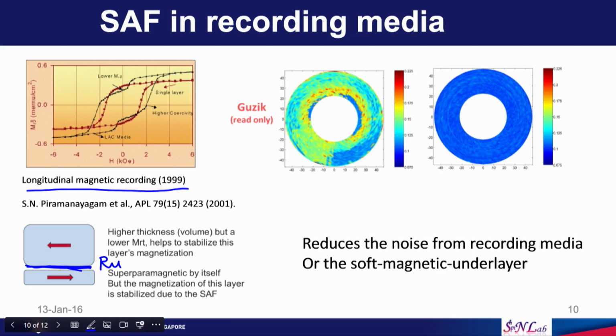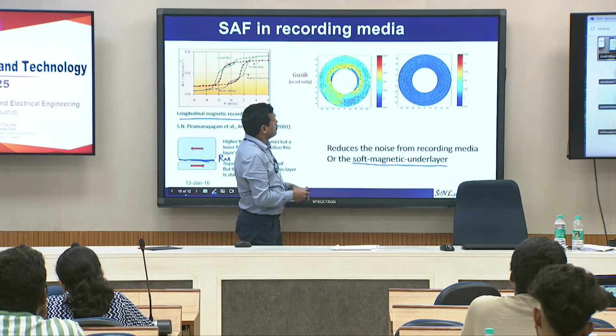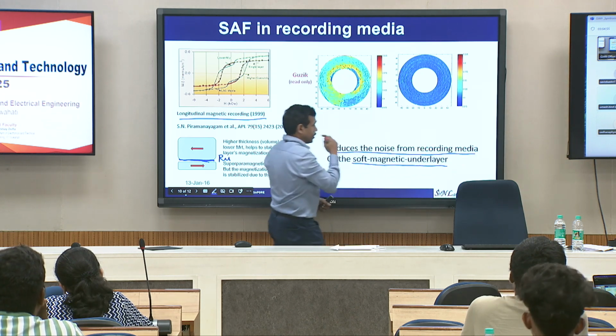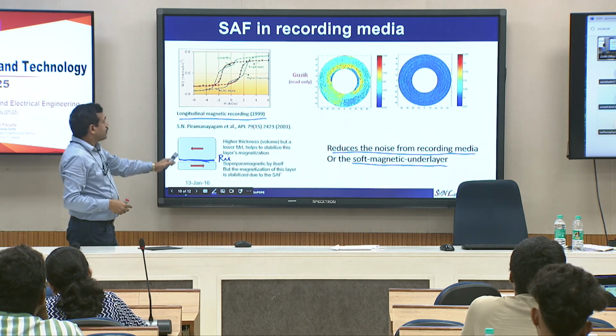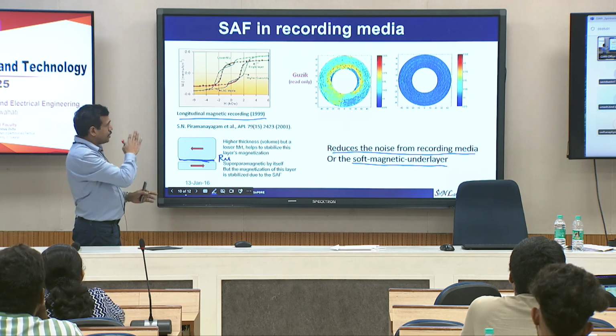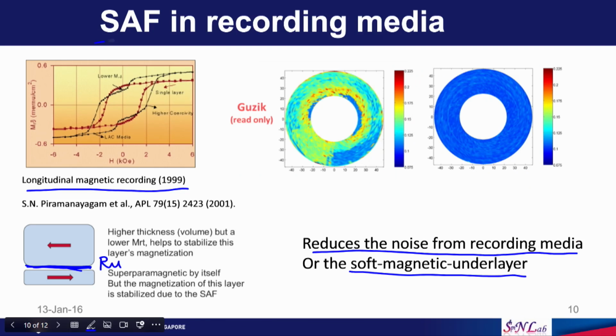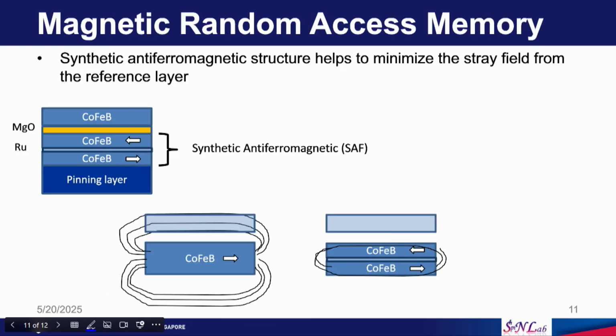Another use is in perpendicular recording medium, where again they divide a ferromagnetic layer into a soft magnetic underlayer, and that helps in reducing the noise from the recording medium. You do not need to go through this detail, because we are not studying recording media, but you can simply appreciate that synthetic antiferromagnetism is also used in recording media to reduce noise. This is another application.